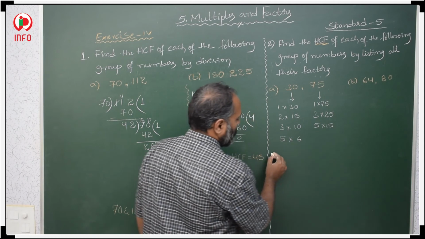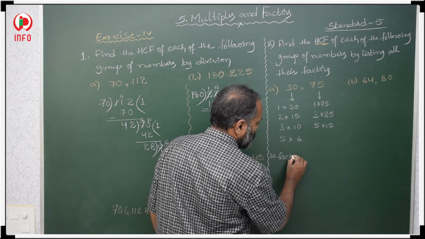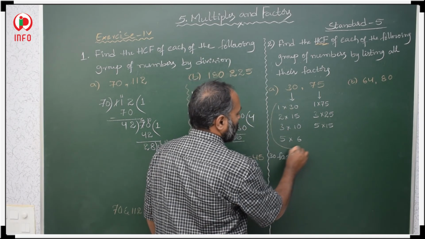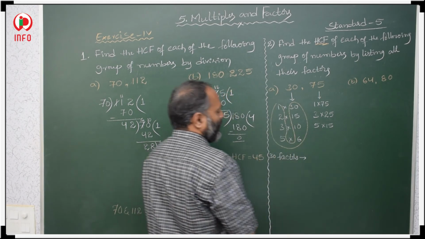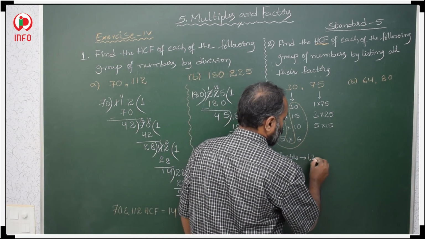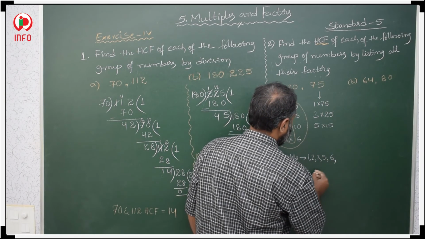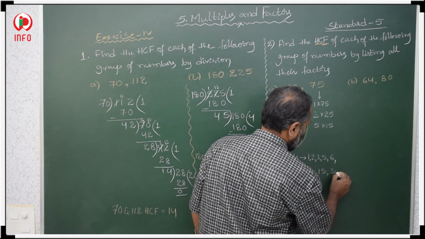So, now we have to write 30 factors. How to take 30 factors? Complete in U shape. Okay. 1 2 3 5, 1 2 3 5 6 10 15 and 30.